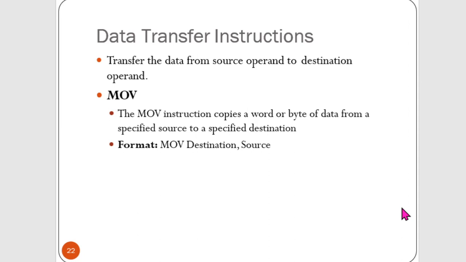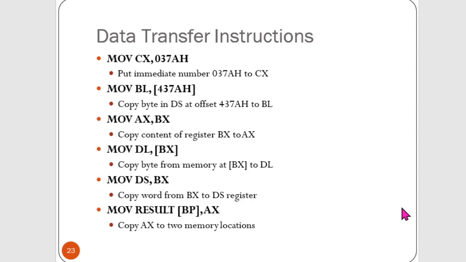The format is MOV followed by a destination and source operand. You can have a register, memory, any operand, but there are some rules. Some combinations are not possible. We'll see what the combinations are.